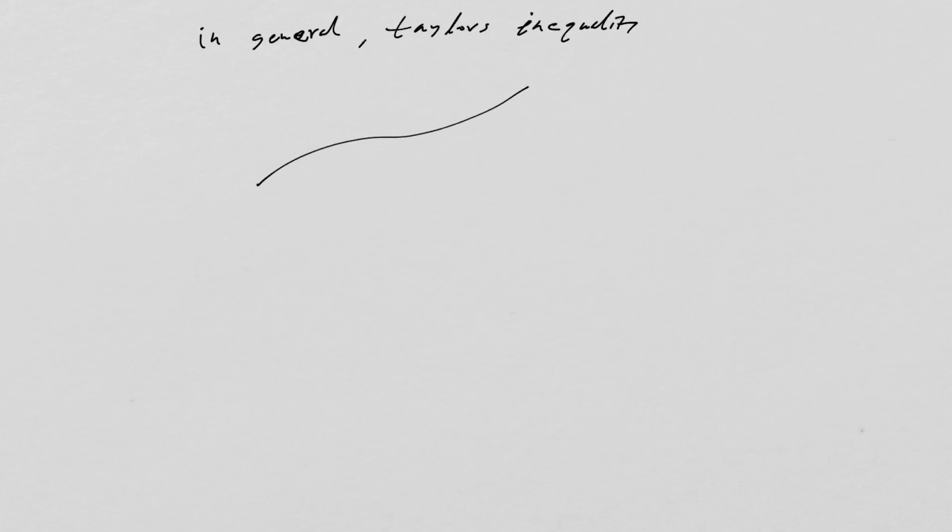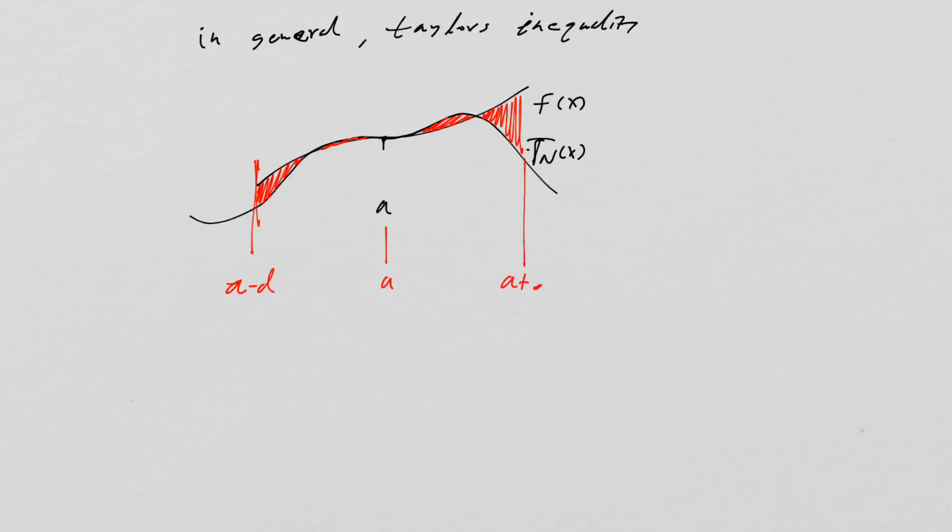If you have some sort of function, f of x, and then you have some expansion point, call that a, then you're going to have this Tn of x. And the idea is if you look at the error, all the spots where the functions differ, like that. And if I go within a certain region, so this is a, this is a minus d, and that is a plus d.